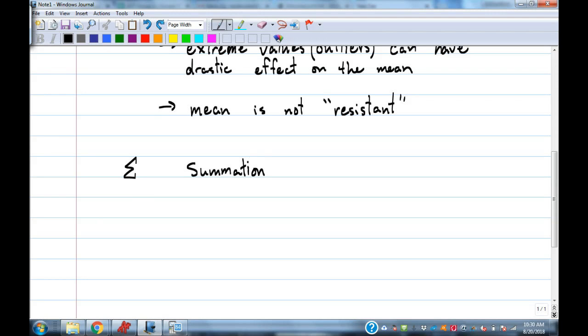That's what a summation is. Sum of that. X is a variable, normal. It represents the data values. Okay, so if you see the letter X, they're talking about the data values. So summation of X would mean add up all the data values. So sigma X would be add up all the data values.